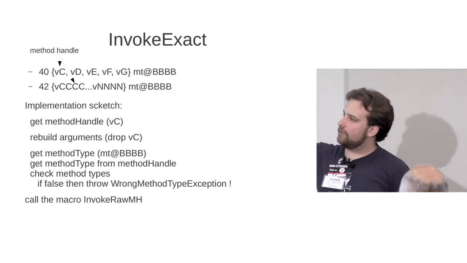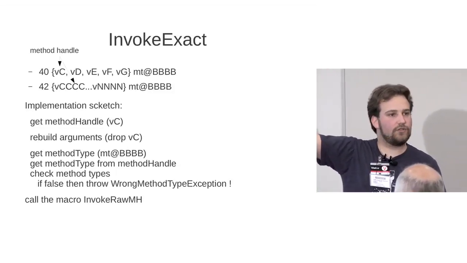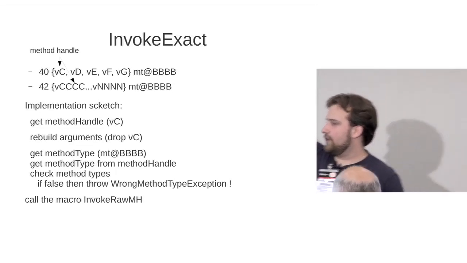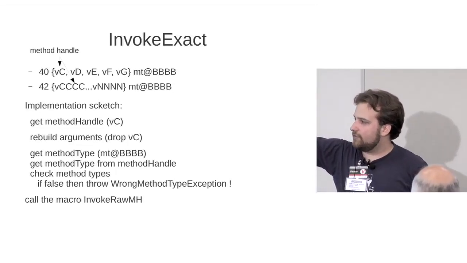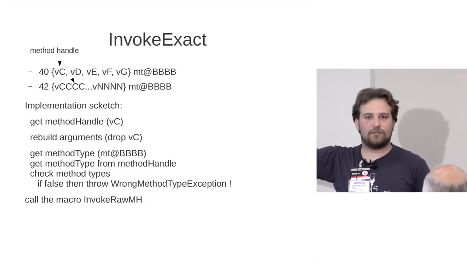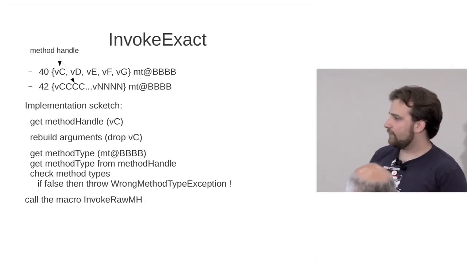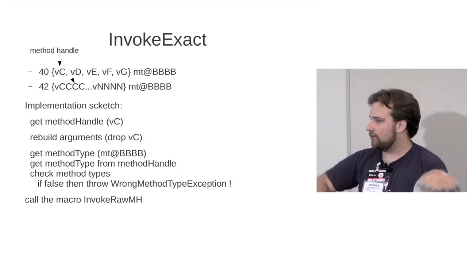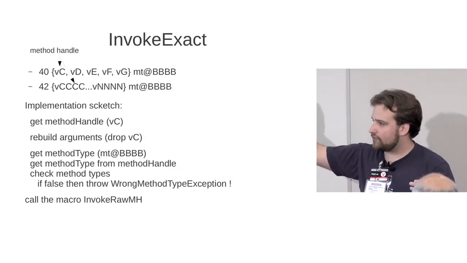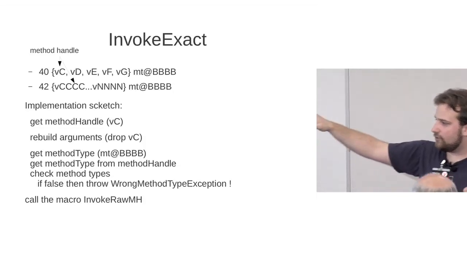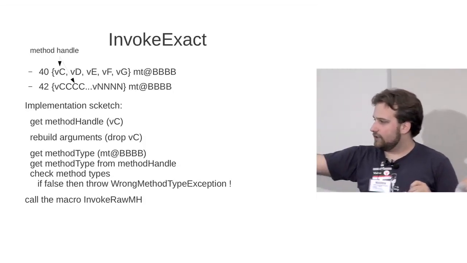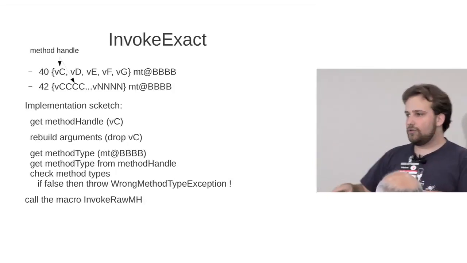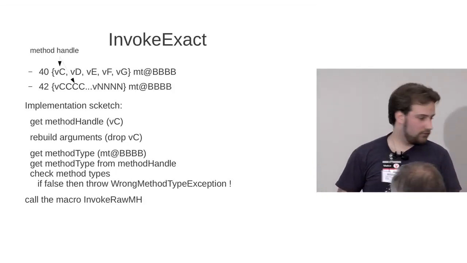So we have to shift the arguments. After that, we get the method type, and we check if it matches. And if false, we throw a wrong method type exception.